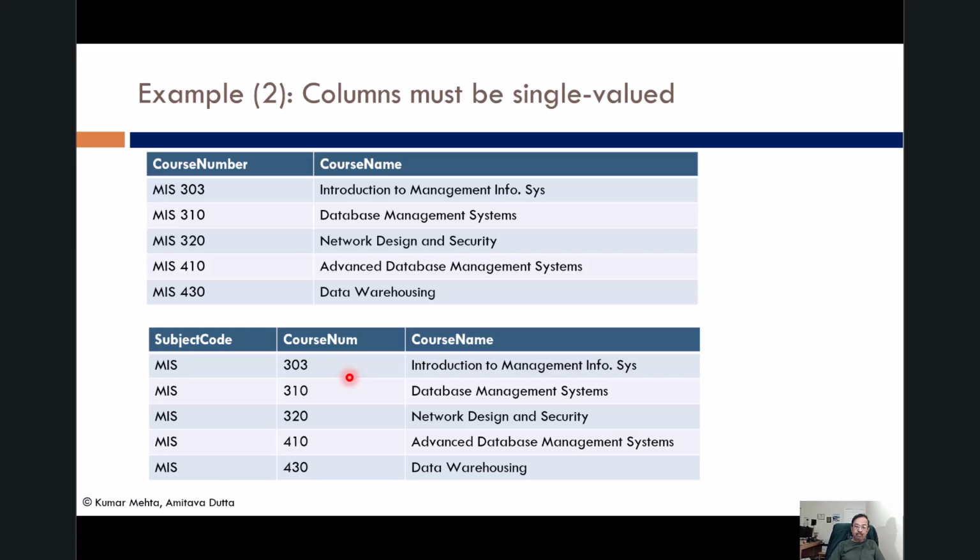I think you would agree that if we break up this one column into these 2 atomic pieces, then later on down the line, if you think of the kinds of queries that could be issued to the database, if I wanted a list of all the MIS courses, this structure would make it easier to extract that information than if I had the subject code and the course number together as one, considering this pair as an atomic value. It would make the searching process a little more involved. Okay.